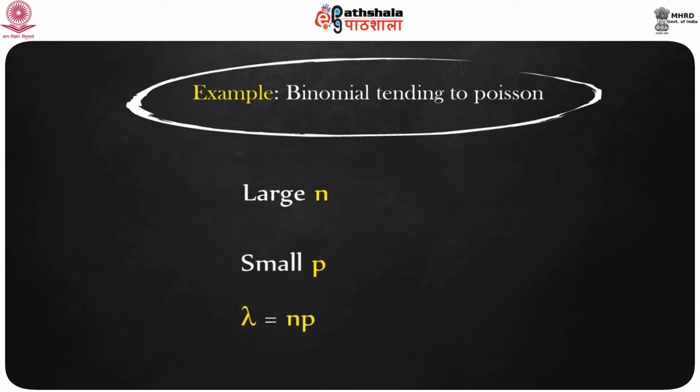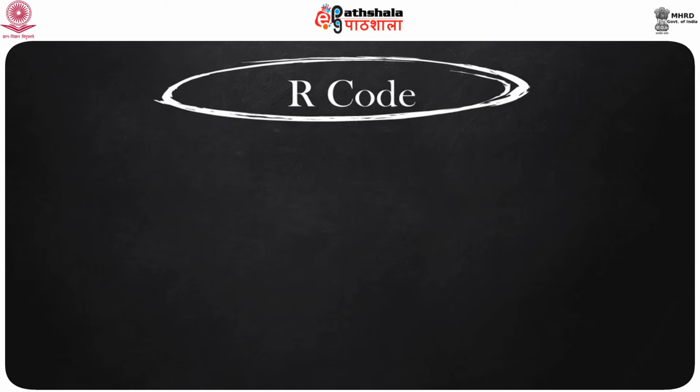That is, when n tends to infinity, p is very small and lambda is equal to np. Now, let us try to find how R helps us to visualize this.